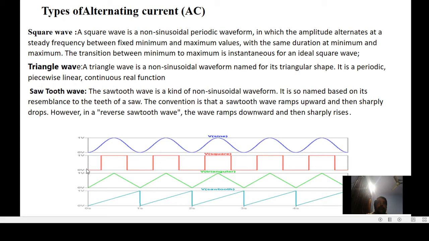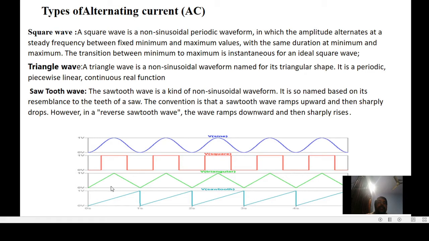The square wave is a non-sinusoidal periodic waveform in which the amplitude alternates at a steady frequency between minimum and maximum values with the same duration at minimum and maximum. The transition between minimum and maximum is instantaneous for an ideal square wave.